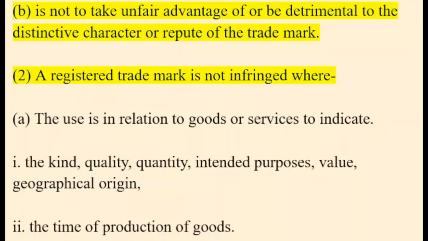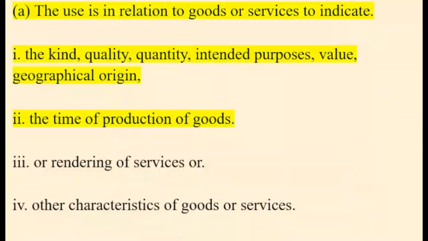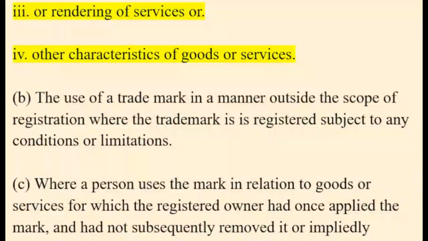A registered trademark is not infringed where a. the use is in relation to goods or services to indicate i. the kind, quality, quantity, intended purposes, value, geographical origin, ii. the time of production of goods, iii. or rendering of services, or iv. other characteristics of goods or services.